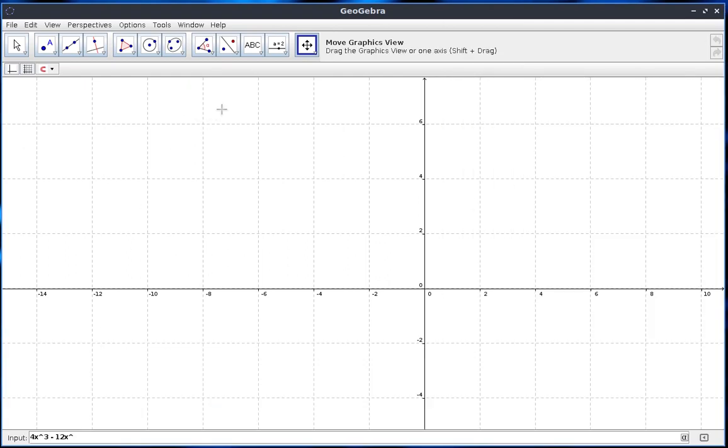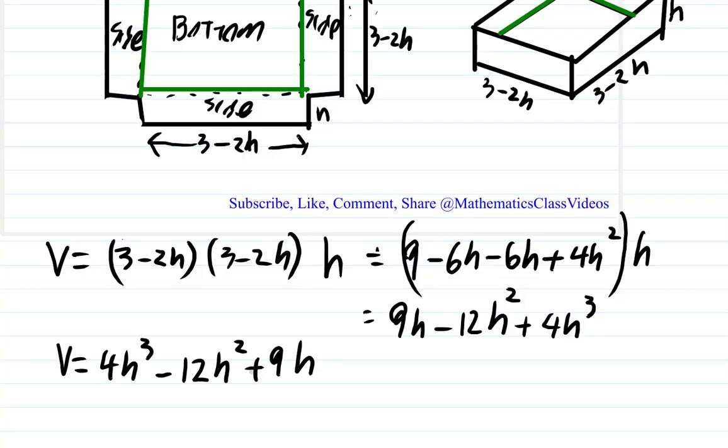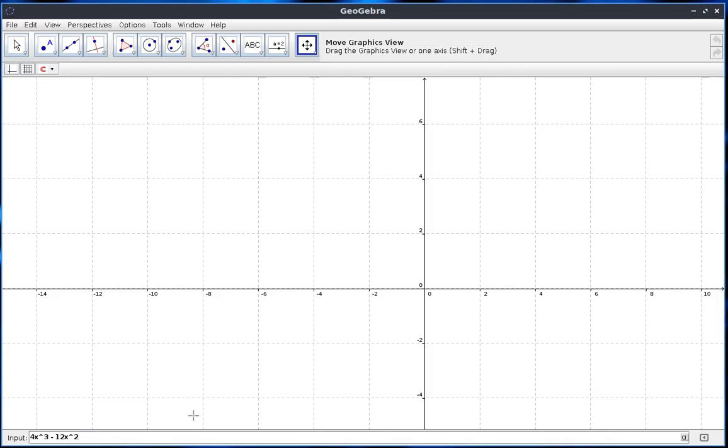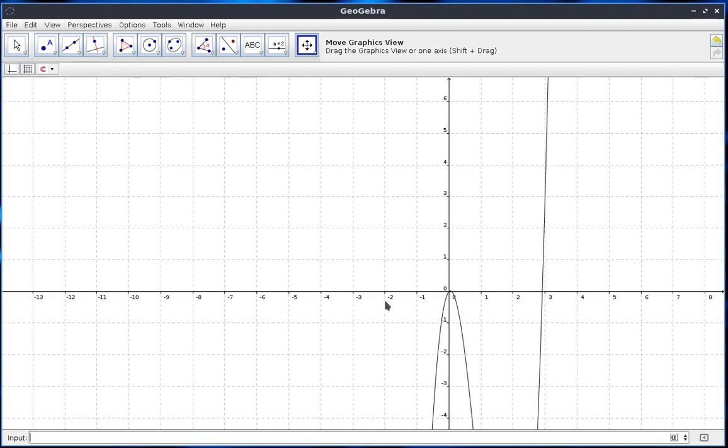Alright, so I'm typing in the function 4x to the 3 minus 12x to the 2 plus 9x. It says h, but in our case it is x. Alright, there we have a graph of it. That is what the graph of that function would look like.